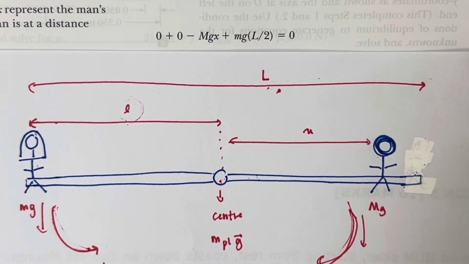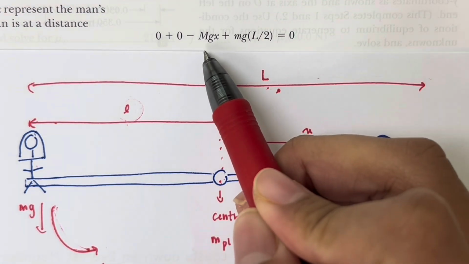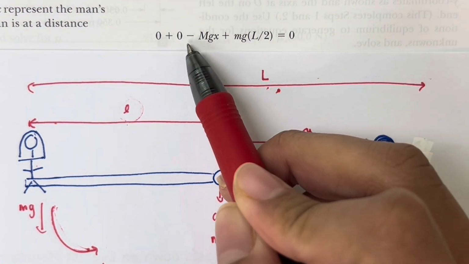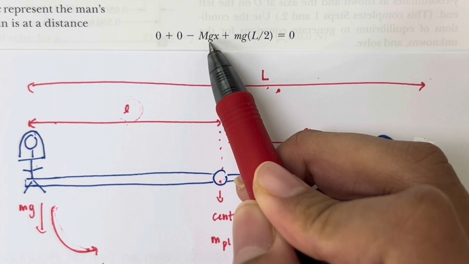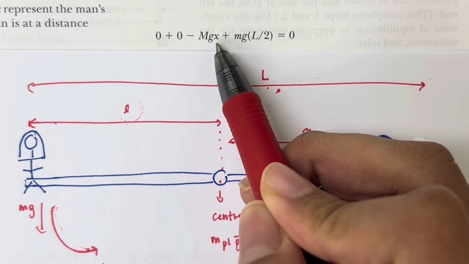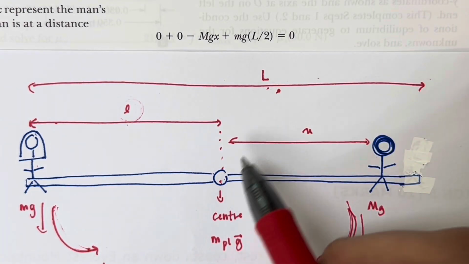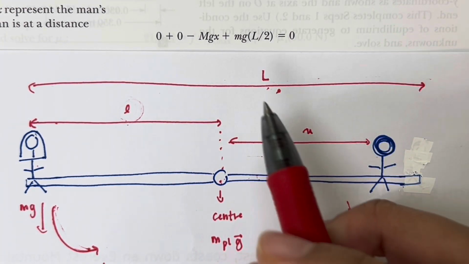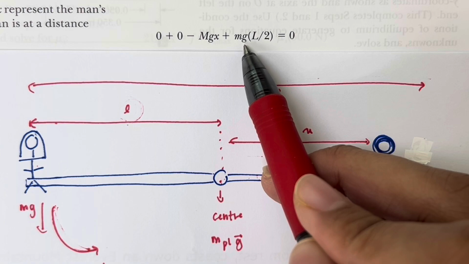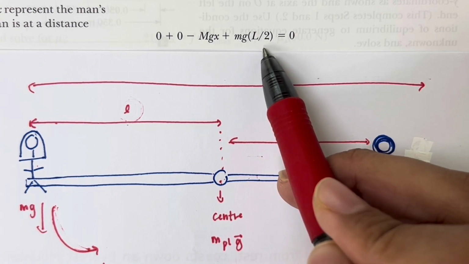Alright, so we look at the formula. Torque for the man is negative mgx. mg is the weight, which is the force, and x is the displacement of the man from the center point here. And then the torque for the woman itself is mg L over 2. Why L over 2?